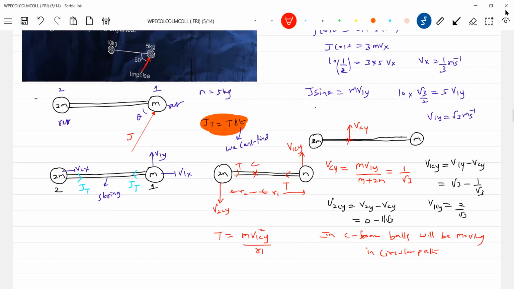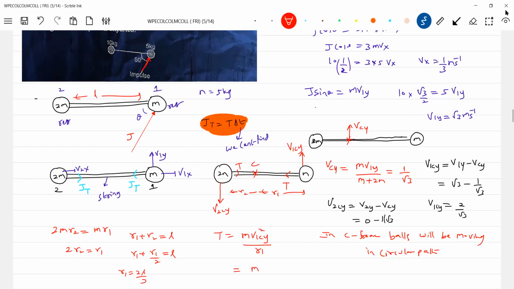We don't know R1. I think we can use the center of mass concept. So 2m R2 equal to m R1, so 2 R2 equal to R1. R1 plus R2 is equal to L, where L is the length of the string. So R1 equal to 2L by 3.